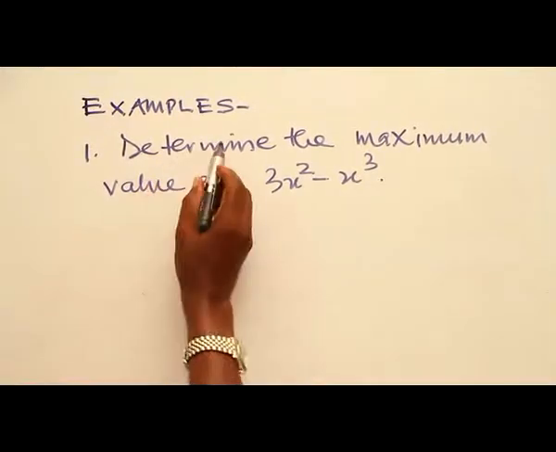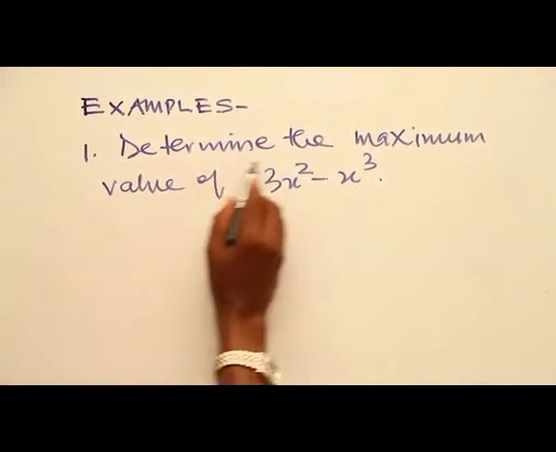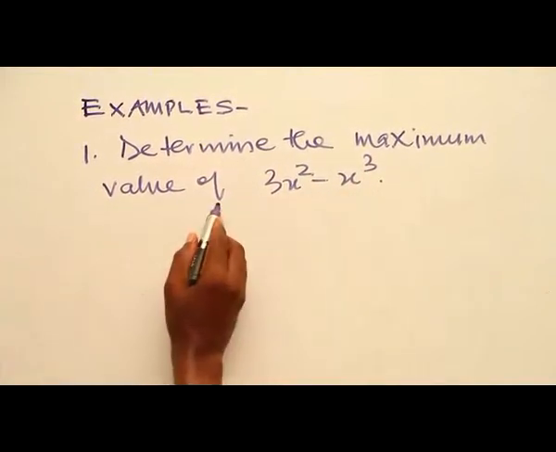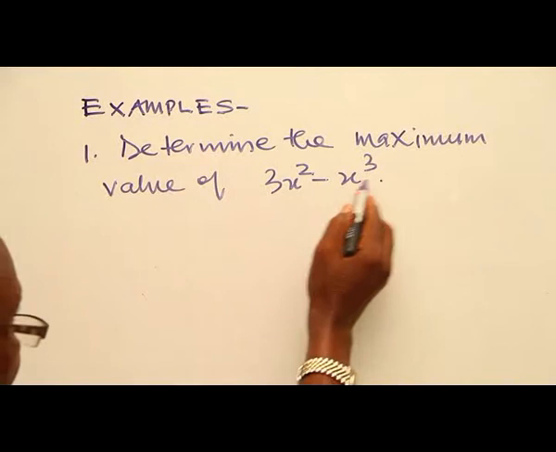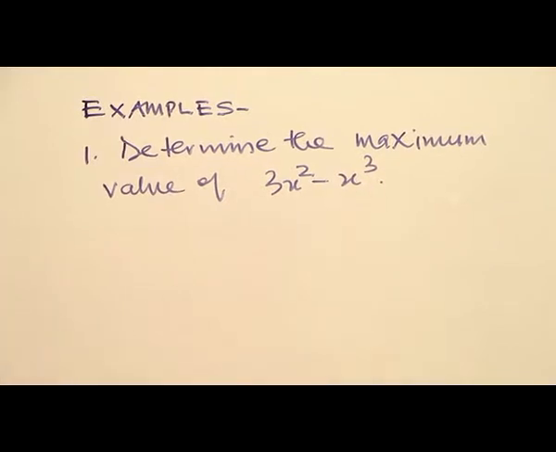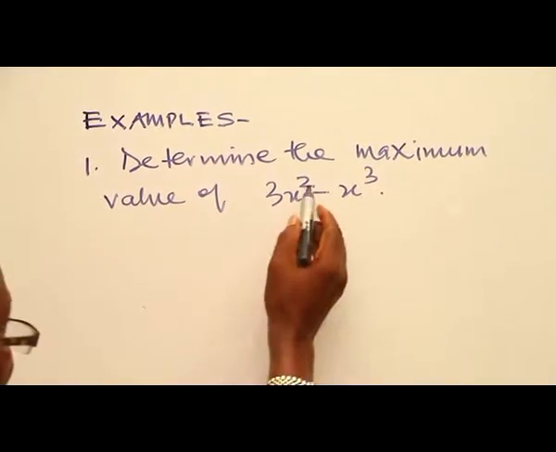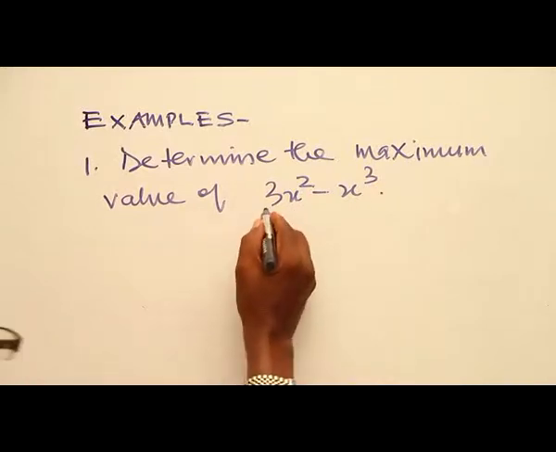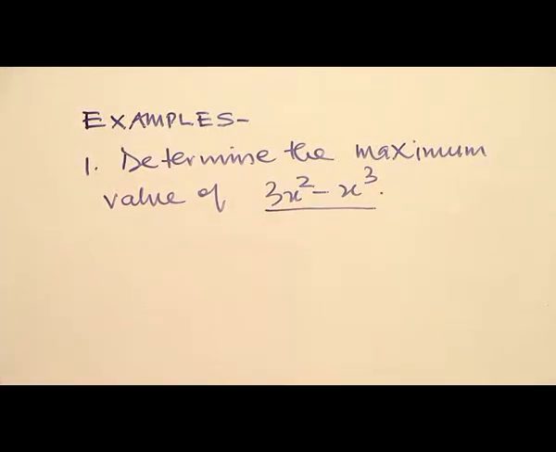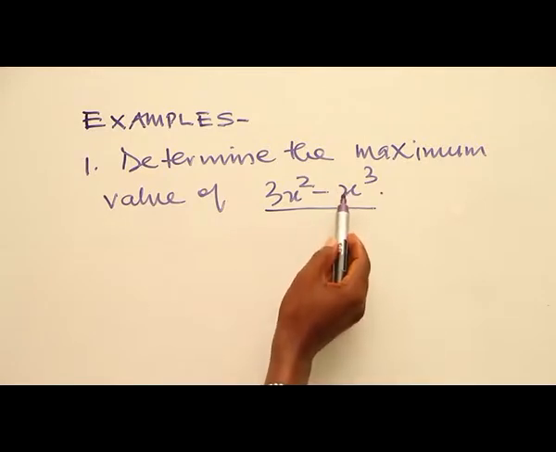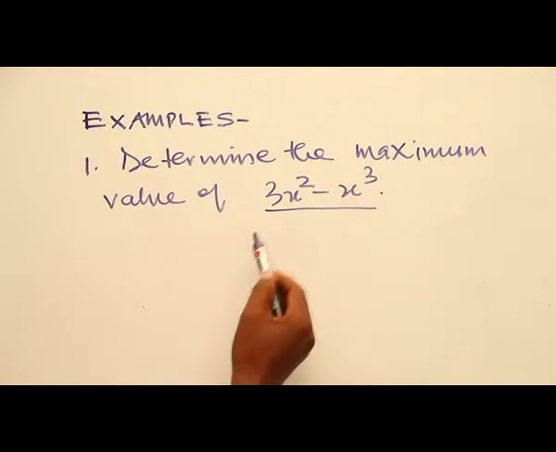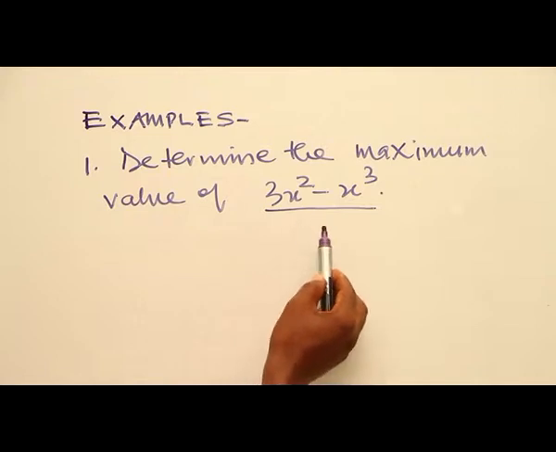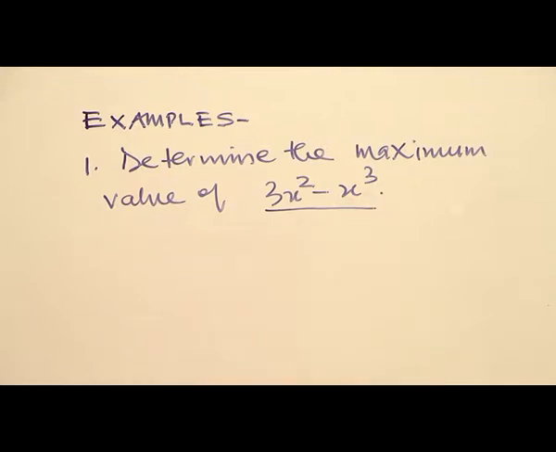Let's take the first example, number 1. Determine the maximum value of 3s squared minus s cubed. Take note, we are to determine the maximum value of this. Recognize that this is a cubic function because the highest power of s is 3. And that's why we say the degree of s here is equal to 3.